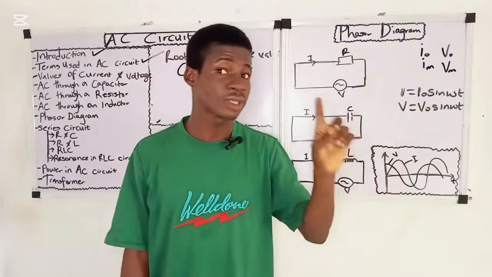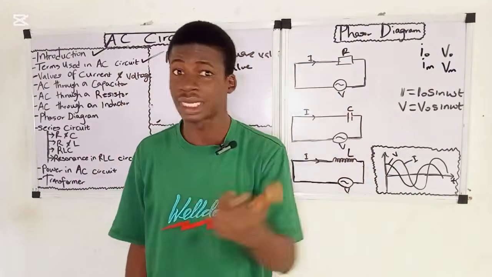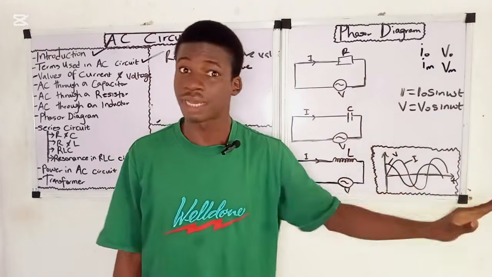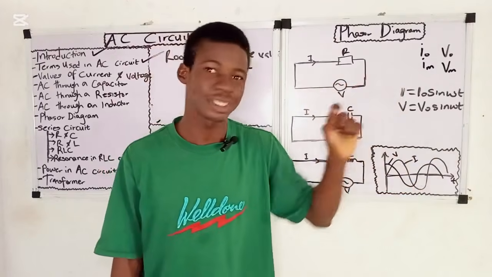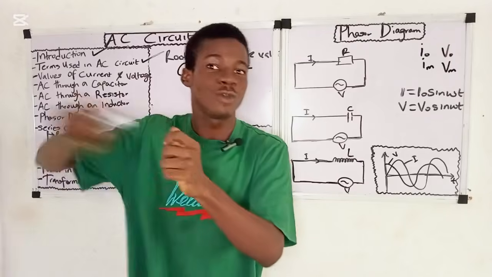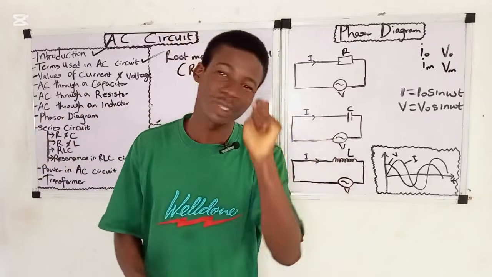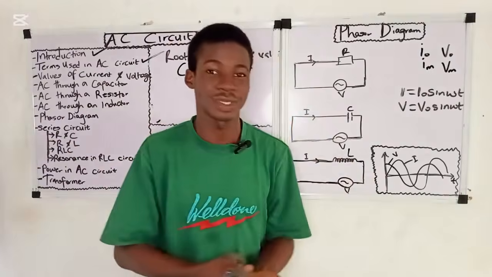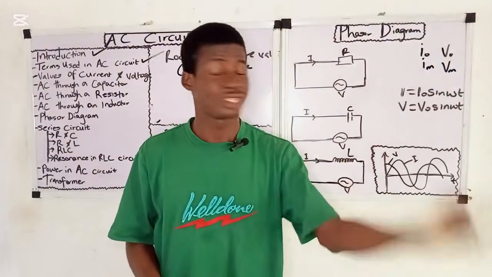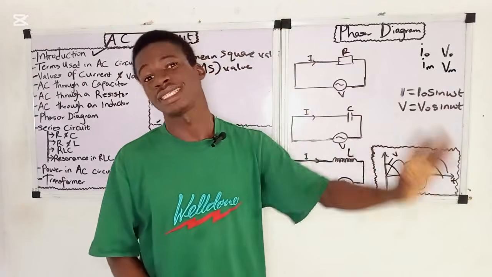An alternating current is not produced by a battery. It is produced by a generator or a transformer. The one produced by a battery is known as a direct current, which flows in one direction, whereas an alternating current flows in different directions.